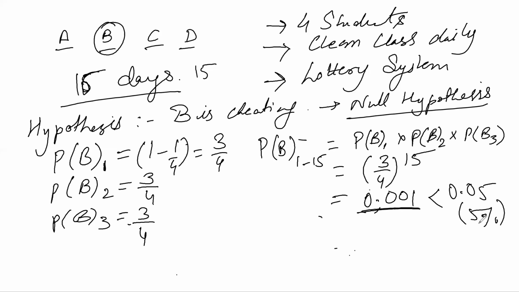It is less than 5%. So which means that this is not happening by chance, right? B not getting selected for 15 days is not happening by chance. So definitely B is cheating, right?